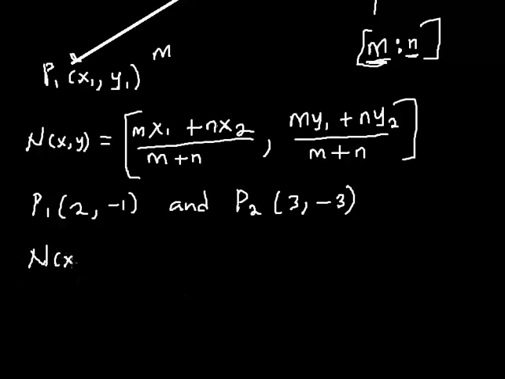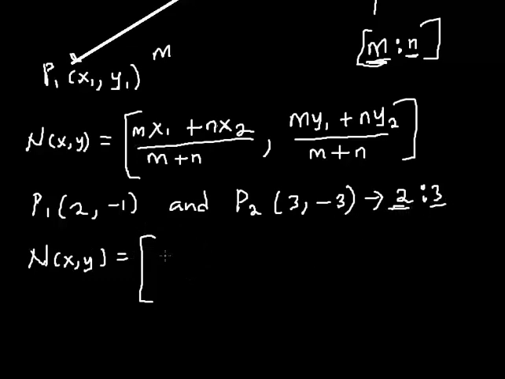The coordinate of the point is going to be equal to, I'm not giving the ratio, so let's say the ratio is 2:3, because you must be given a ratio for this division, right? So let's flow. m is going to be 2 and n is 3.